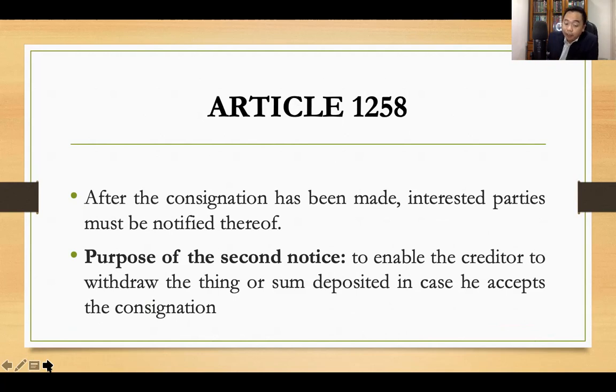Since consignation is made to the court, there has been no payment to the creditor directly. The second notice will allow the creditor to go to the court where the payment was consigned and he can withdraw it from that particular court.